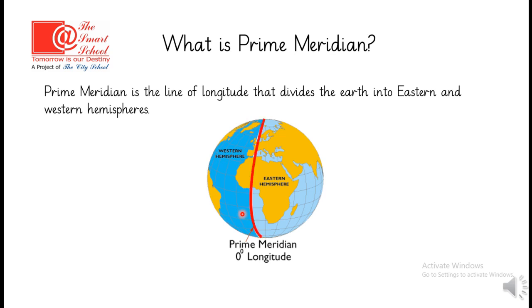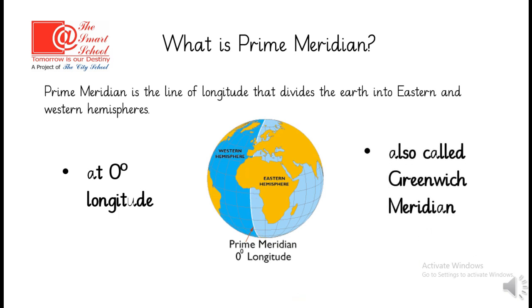So what is prime meridian? An imaginary line that divides the earth into eastern and western hemispheres. It is at 0° longitude, and it is also called Greenwich meridian.